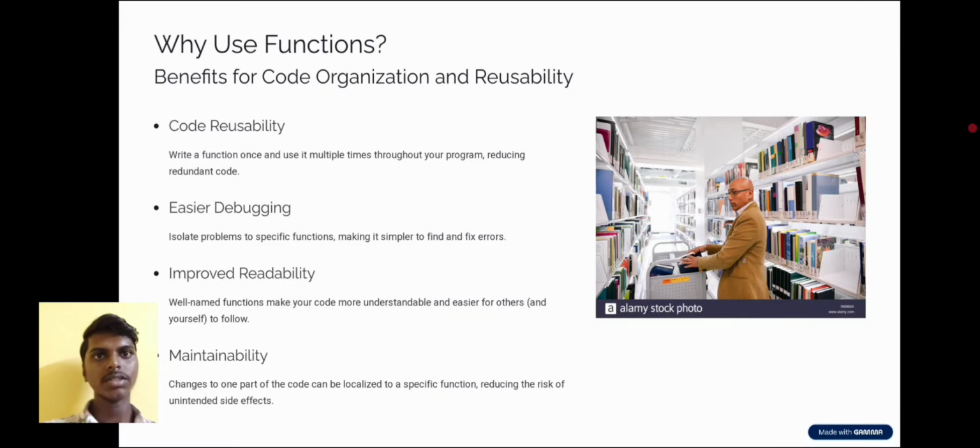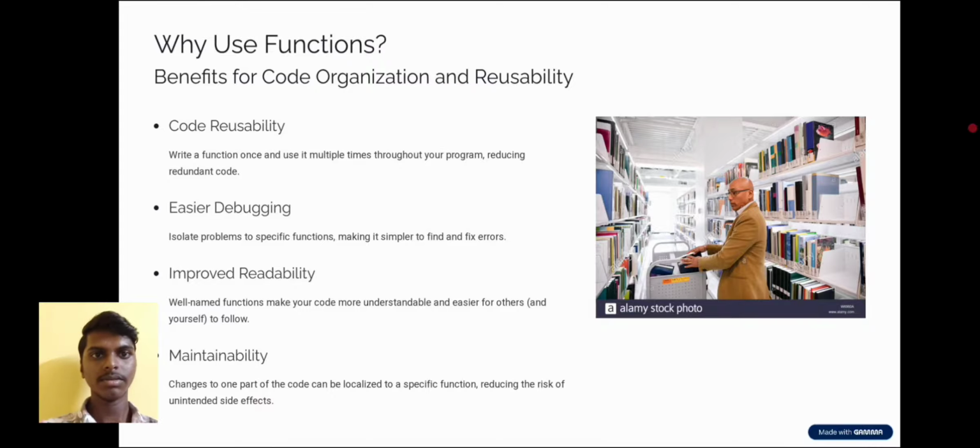Why use functions? Benefits for code organization and reusability. Code reusability. Write a function once and use it multiple times throughout your program, reducing redundant code. Easier debugging. Isolate problems to specific functions, making it simpler to find and fix errors.